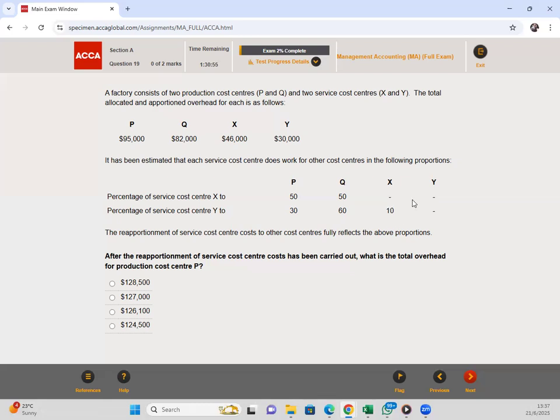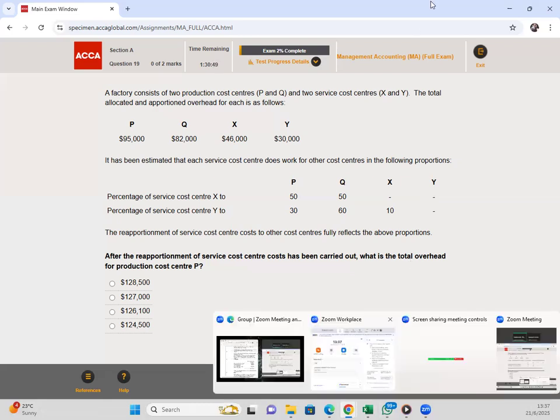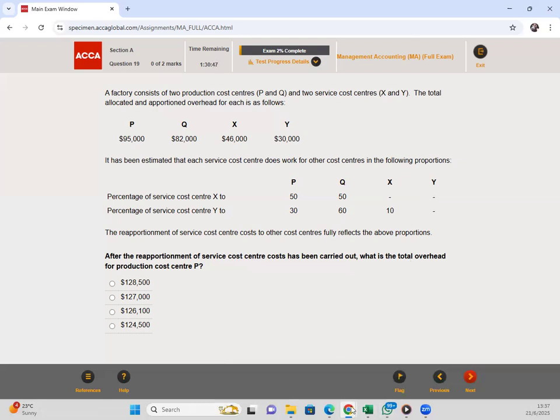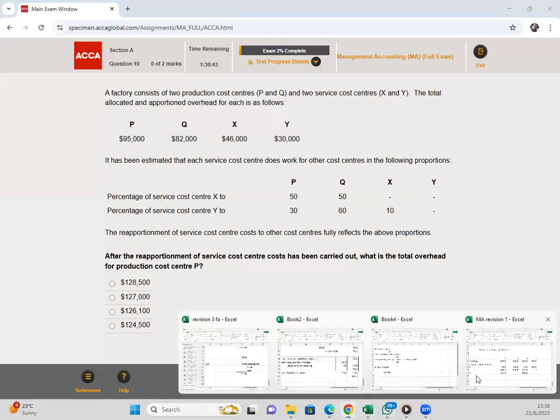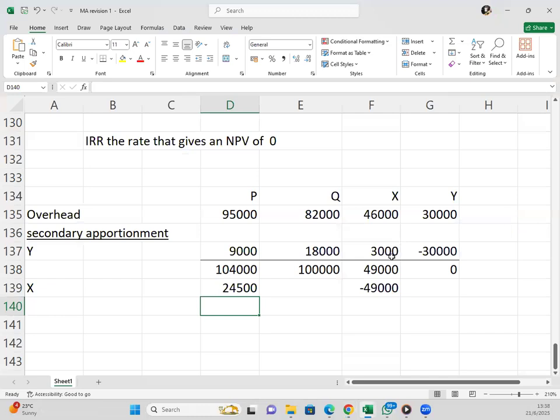Then, when we are sharing the cost for X, we share the amount inclusive of the service cost we received from Y. The 3,000 was the share that X received from Y. If we add it to 46,000, we get 49,000.